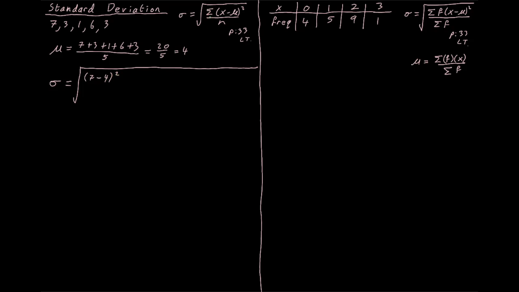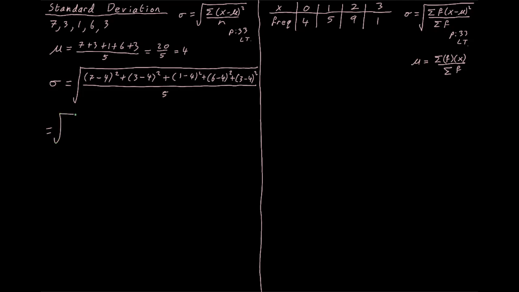And then we're going to add up all of these for each one of our data points, plus 3 minus the mean to be squared, plus 1 minus the mean to be squared, plus 6 minus the mean to be squared, plus 3 minus the mean to be squared. And that's all going to be divided by the number of numbers, and there are 5 numbers in our data set.